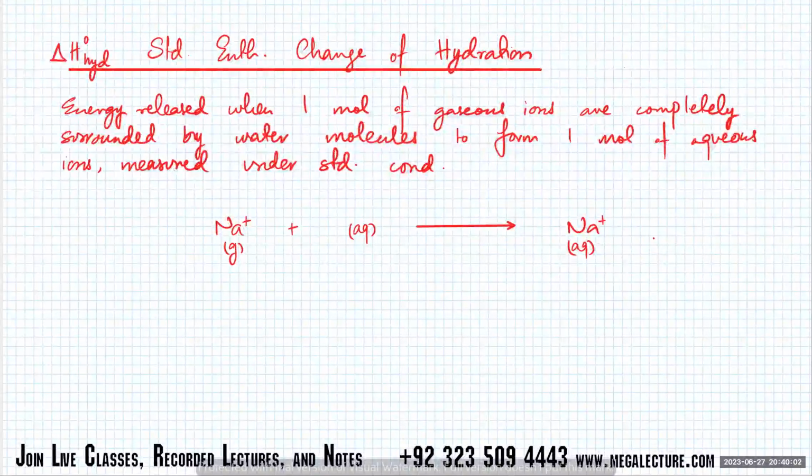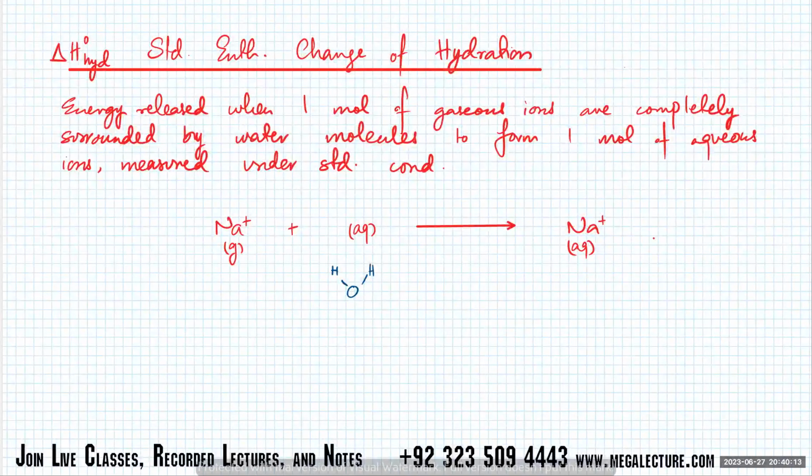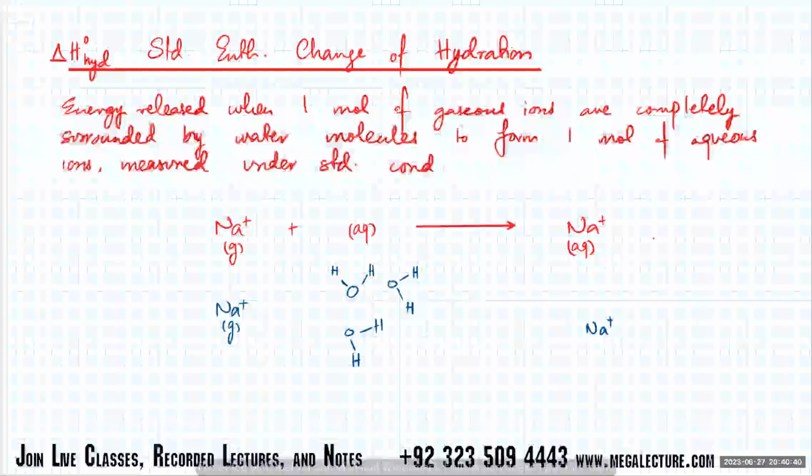And visually speaking, aqueous means that there's lots of water molecules. Okay, so let's say there are 3 water molecules, and there's this sodium ion that's gaseous, just freely moving around. When you dissolve ions in water, what usually happens is that the positive ion gets an ion dipole attraction.